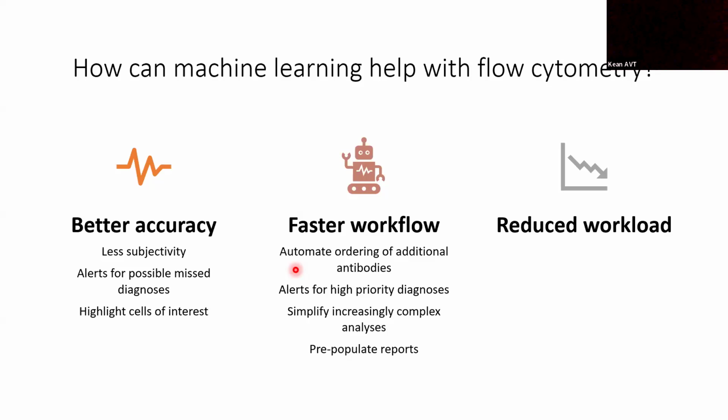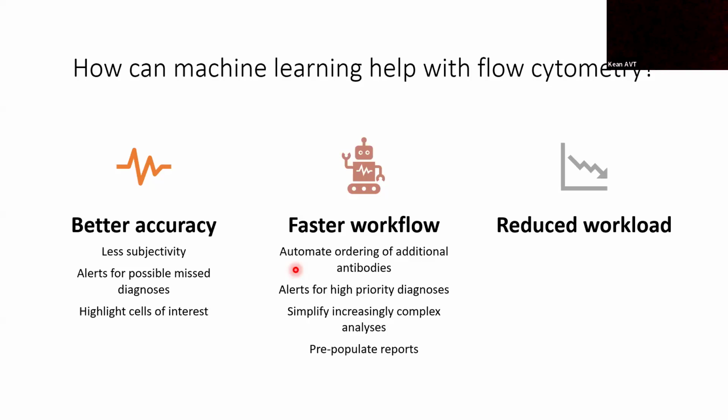Hopefully it can help us with a faster workflow. So maybe it can help us automate the ordering of additional antibody panels. Maybe the first screening panel comes in and it says, oh, there might be a B cell neoplasm. Maybe you should order additional B cell panels. It can alert us for high priority diagnoses, so maybe we'll look at those first instead of waiting till later in the afternoon if there's new acute leukemia present.